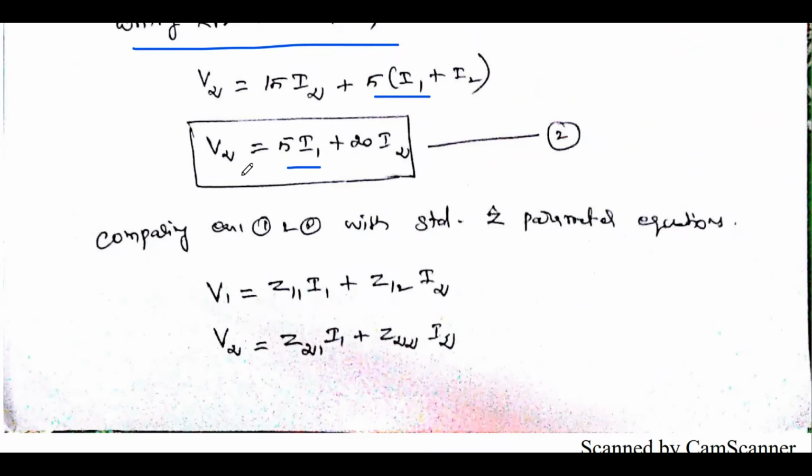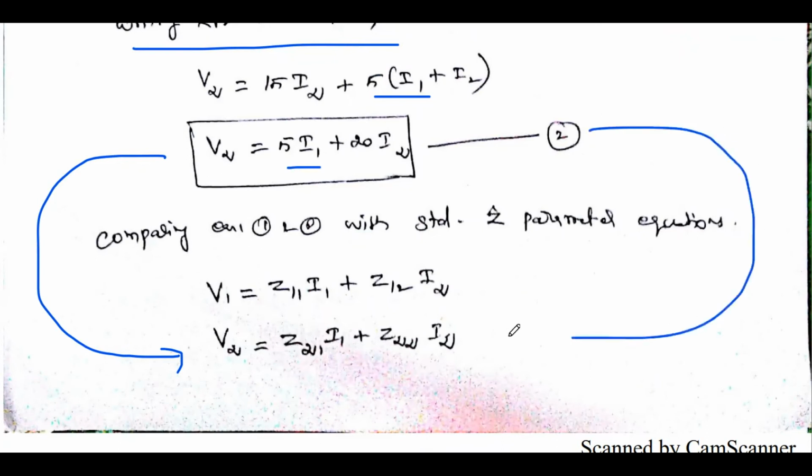So you see this equation is similar to our second Z parameter equation in this structure: V2 equal to Z21 into I1 plus Z22 into I2. So let us compare the second equation with our standard Z parameter equation. In the place of Z21 we have 5. In the place of Z22 we have 20.